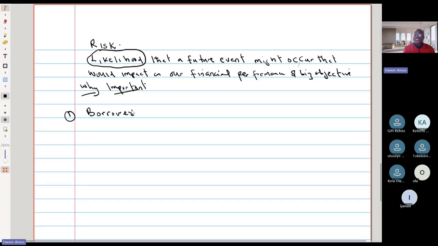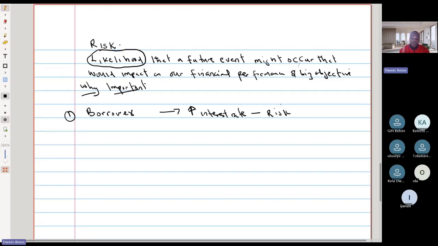Now, between now and 3 months' time, you might have this uncertainty that based on the way things are going, maybe the interest rate by banks might increase. Now, when you have that likelihood of an increase in interest rate, that is a risk because they're concerned about that likelihood.